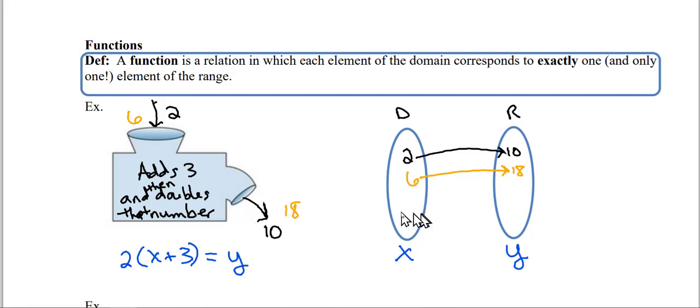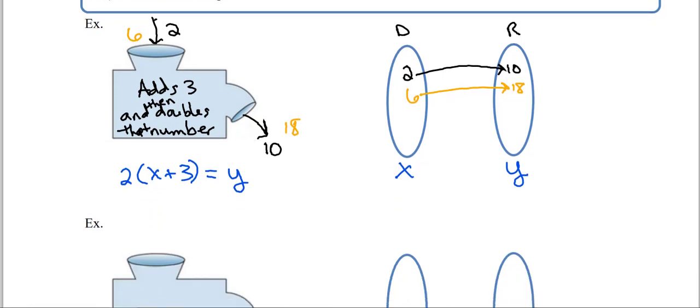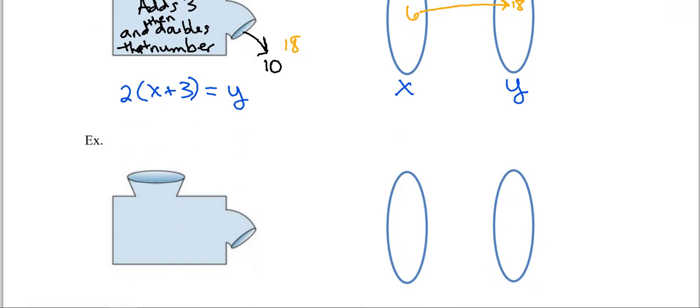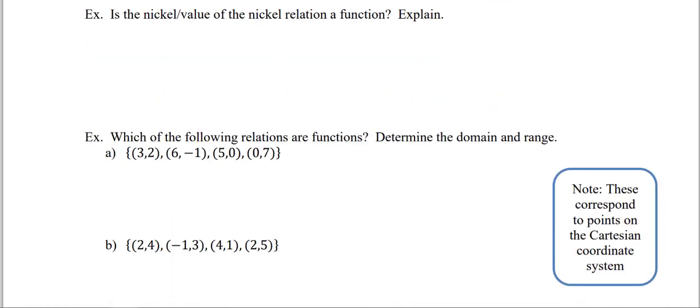If I plug these numbers in for x, I will get the y values over here in the range. So that's the kind of relationship we're talking about. An important idea here is that when you put one thing in, you get one thing out. That doesn't mean that you can't put 2 different things in and get the same thing out. Let me show you what I mean.